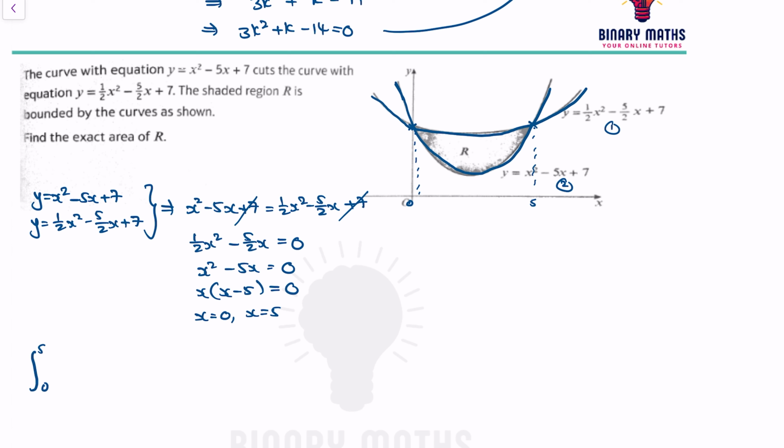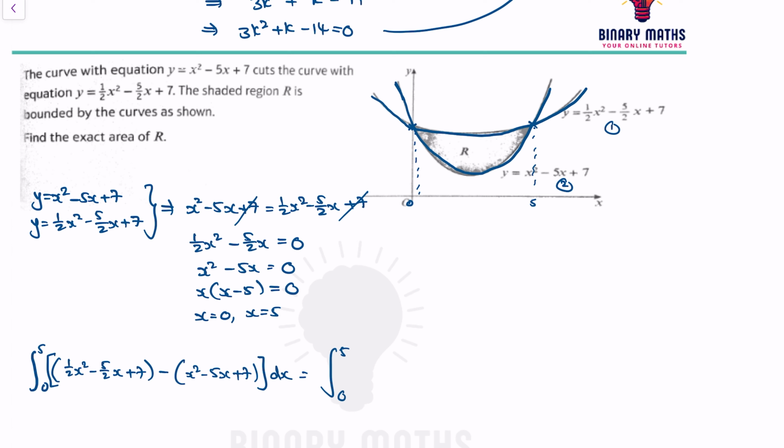The first equation is the curve on top, which is half x squared minus 5 over 2x plus 7, take away the second curve, which is x squared take away 5x plus 7, all dx.